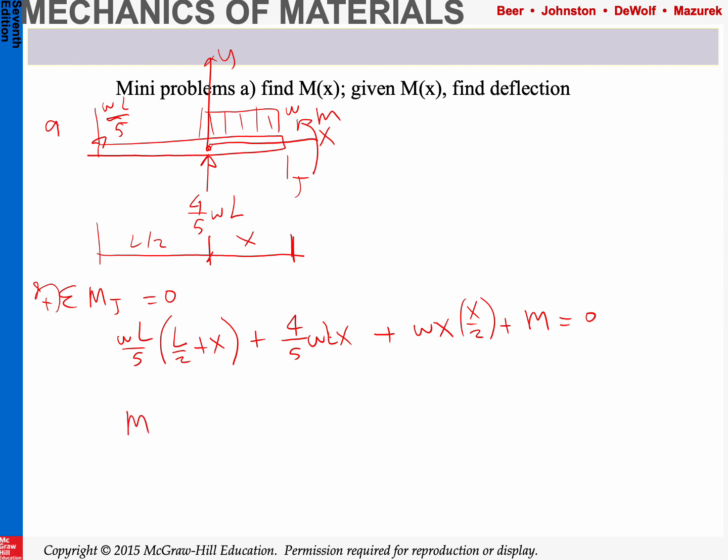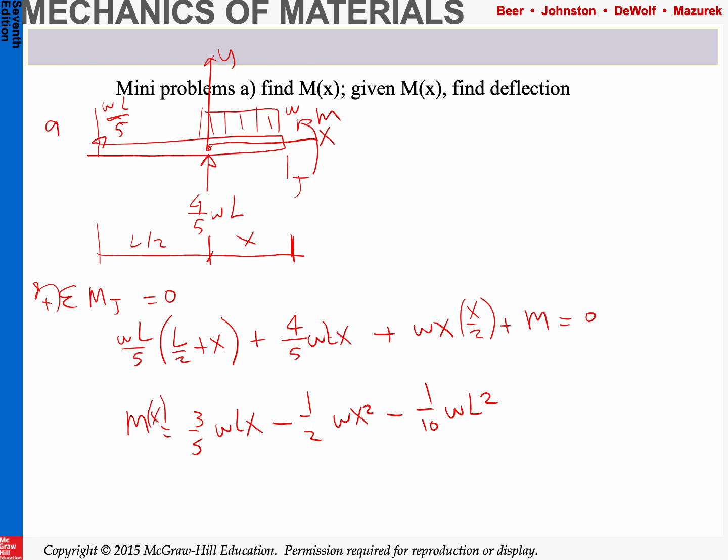And we end up with moment is 3/5 WL x minus a half WX squared minus 1 over 10 WL squared. So this is your equation for moment, your moment in terms of x.